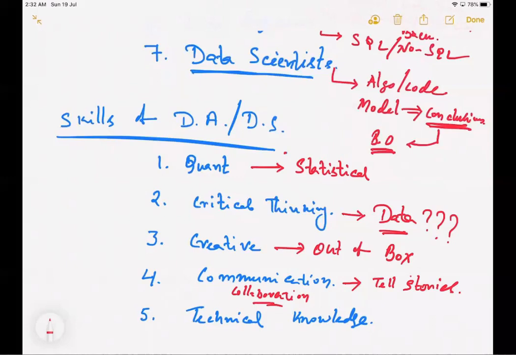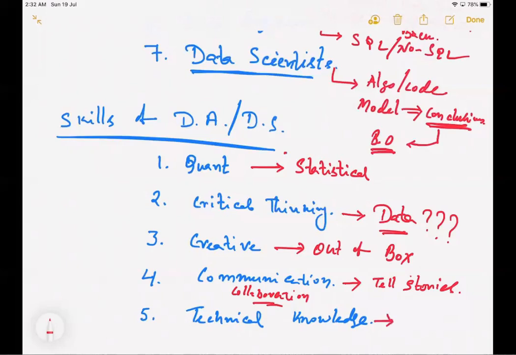Some people are not bothered about the complete business outcomes or the technology; they are just doing a small part in the complete business process. If I'm not good at communication, making a good collaboration among all these team members is going to be very difficult. So communication is one of the very key factors.